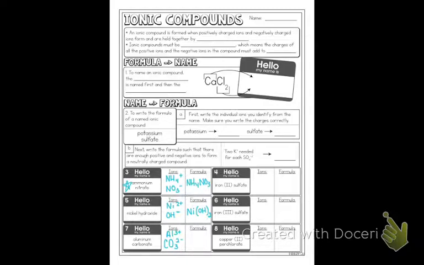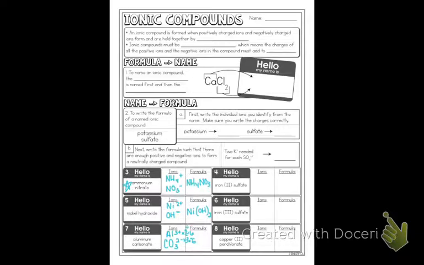I have a +3 and a -2, and my common factor will be 6. So 3 times what gives me 6? Well, we all know that that is 2. If I have a negative 2 charge here, times what gives me negative 6? Well, that's going to be 3.